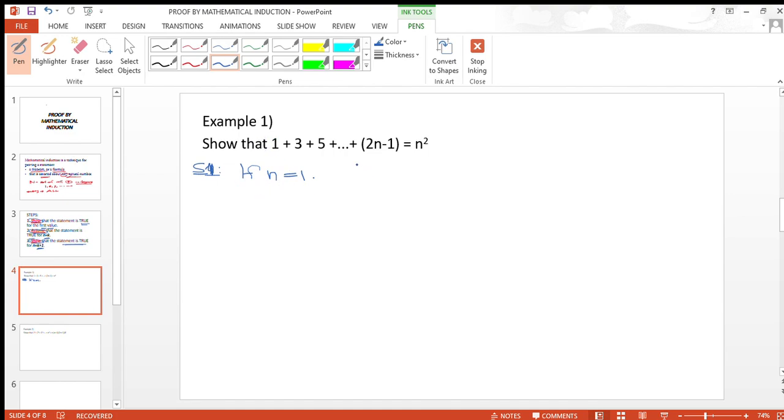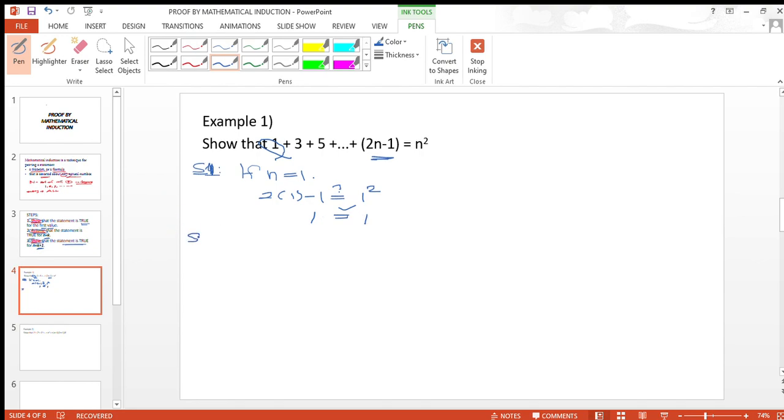So if n is equal to 1, we have 2 times 1 minus 1, is this equal to 1 squared? We're just substituting. 2 times 1 is 2, minus 1 is 1. So clearly, if n is 1, we get the first entry. And then we have 1 squared is 1. So that must be true.